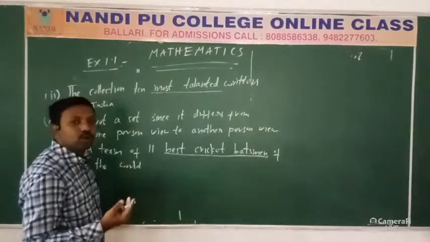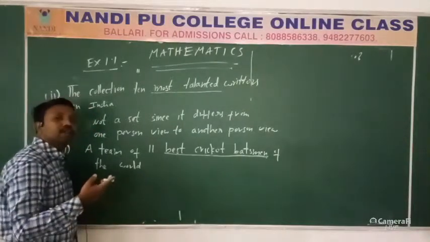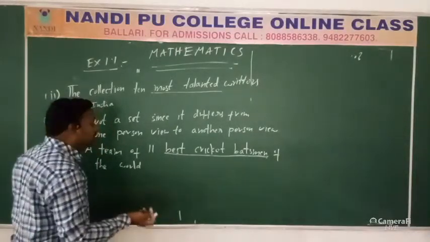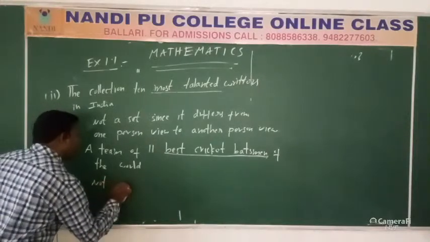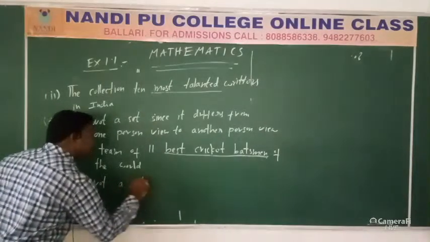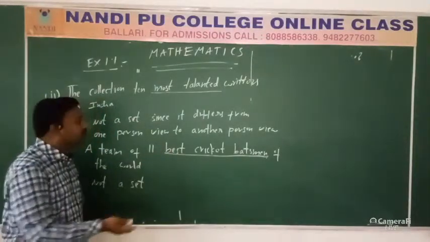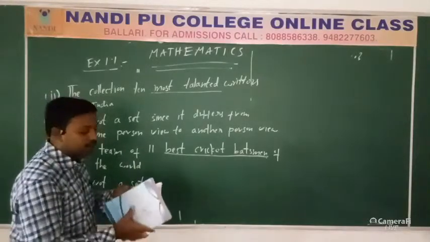One will think that Dhoni is the best, another will think that Kohli is the best, another that Lara is the best. So it differs from one person's view to another person's view. So this is not a set. Write the reason: it differs from one person to another person. Next.